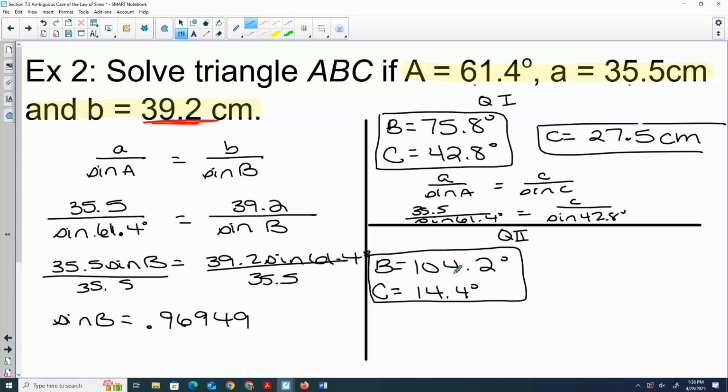A lot of times you might get that third angle to be negative, and we know if that happens, that triangle doesn't really exist. And then we have to get side C for this triangle. So we can do A over sine A, so 35.5 over the sine of 61.4 degrees equals C over the sine of 14.4 degrees.